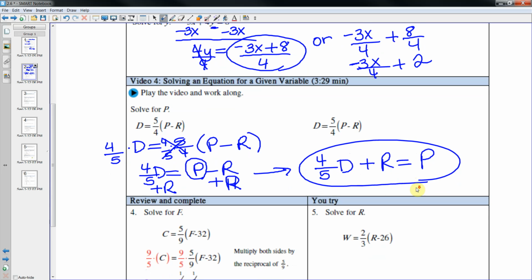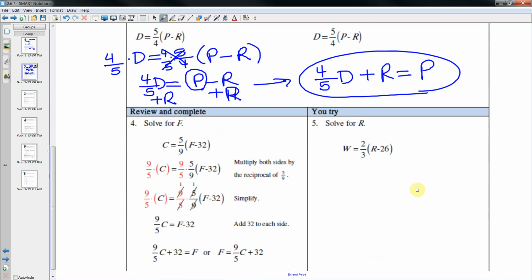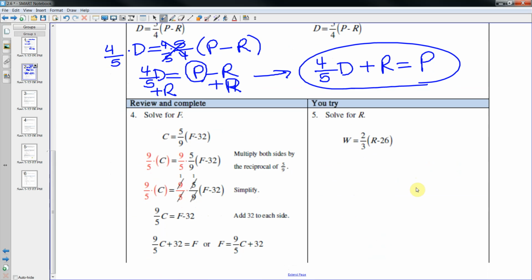This next example down below it, same way. It's got a 2/3 in front of it. So I'm going to rewrite it so I can have a little bit more room and I'm not so squished up. So to get rid of the 2/3, I'm going to multiply by 3 over 2.